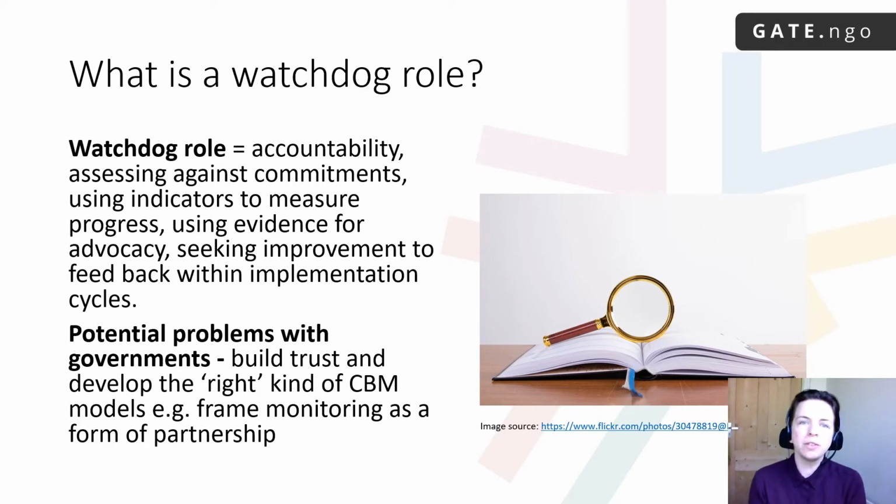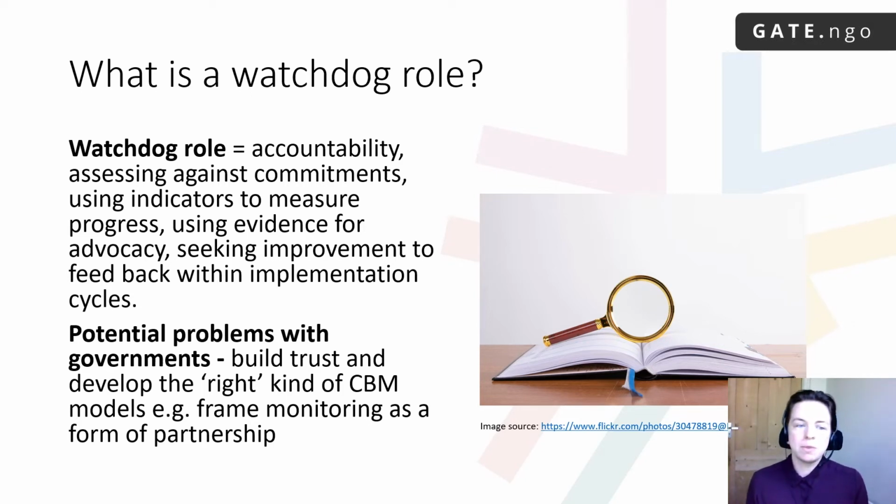Now, in some contexts, this can be a politically charged term. It can be seen as confrontational, perhaps. So you may prefer to use other terms to describe accountability work, such as a critical friend or a community advocate, for instance. And building trust and developing the right kind of community-based monitoring models can be important in these contexts.